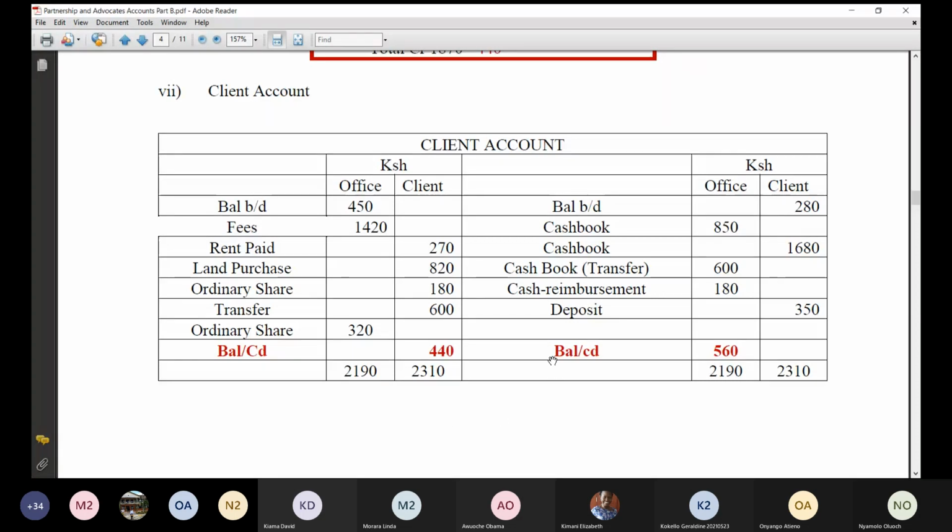Out of the client account, we reduced what we owed him when we paid by 180. So that reduced what we owed him. But when we paid from our office, we increased our disbursements. So in order to determine what we still owe and what we are still owed, then we balance off as we have done there.